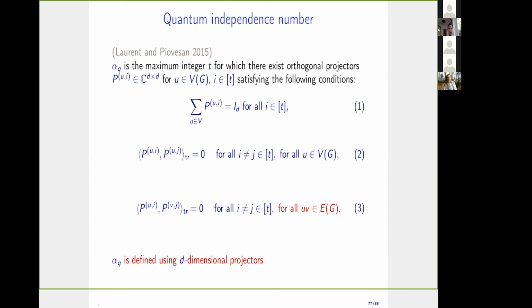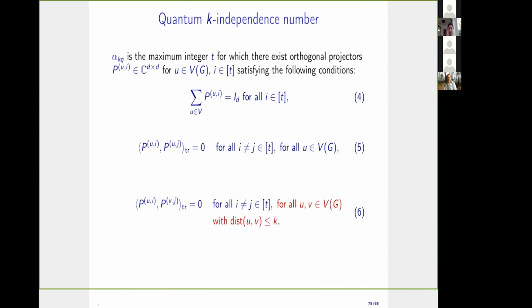So alpha q is defined using these d-dimensional projectors, and in particular, alpha corresponds with the projector of dimension 1. So this definition of the quantum independence number extends the classical definition of the graph parameter. And Robertson, in his PhD thesis, observed that the quantum independence number upper bounds the classical independence number.